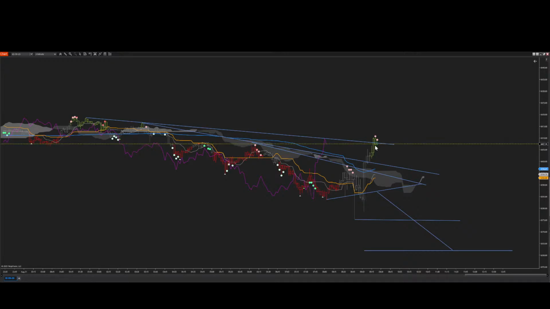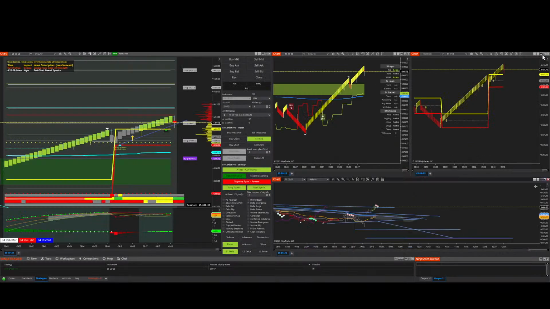Right here, we should be guarding this position, not engaging in a long. I don't re-engage in a long position until we get past those dots. Right now, I'm looking at a counter trend opportunity. I got the sell red turned on.